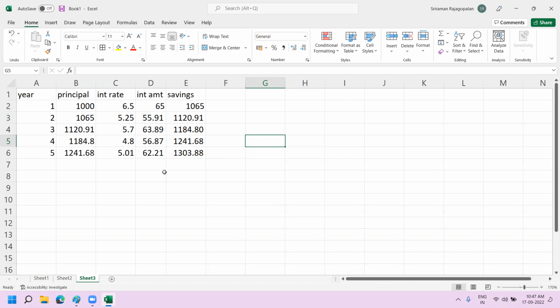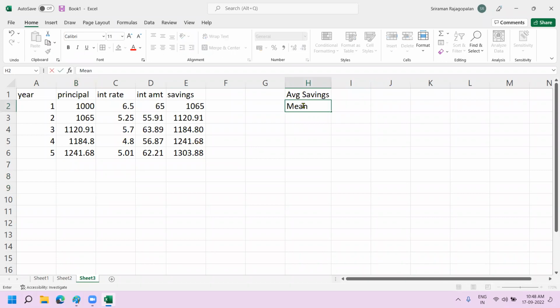Okay, now I want to find out what is the average savings. So I can use two measures. One is the regular average, which is the mean value.